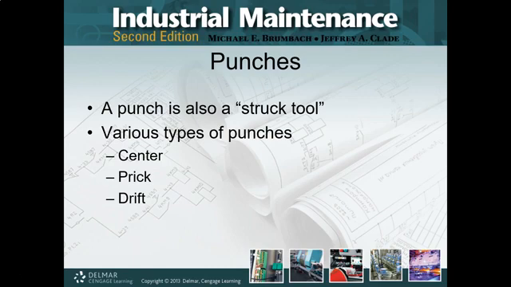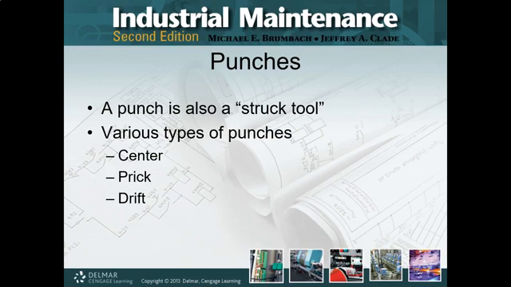Prick punch. Typically we use that to mark and or to try and push items through. The best one for that, though, if we're trying to push something through, is going to be the drift punch. And with this one, we are usually trying to drift pins in and out of shafts or bolts or nuts.